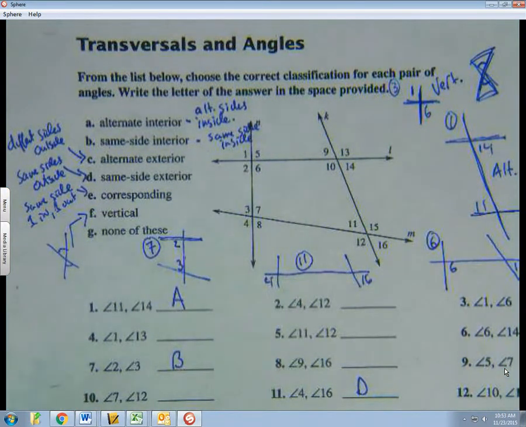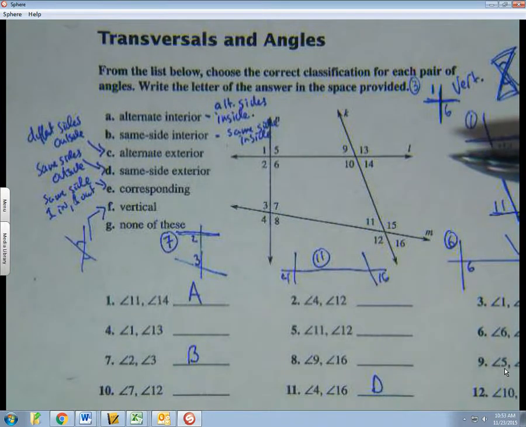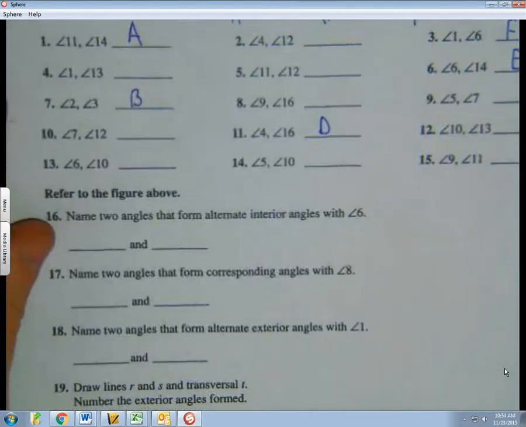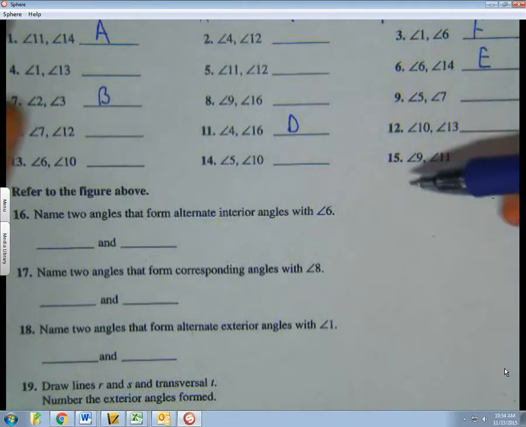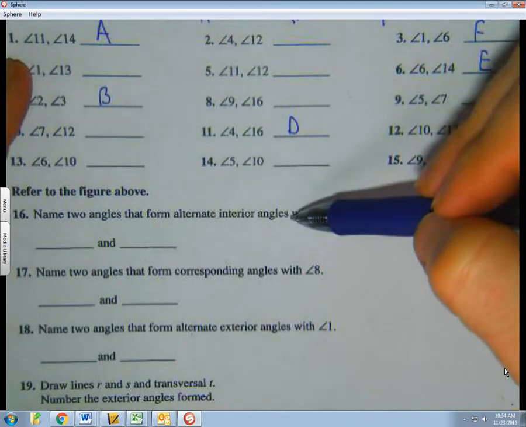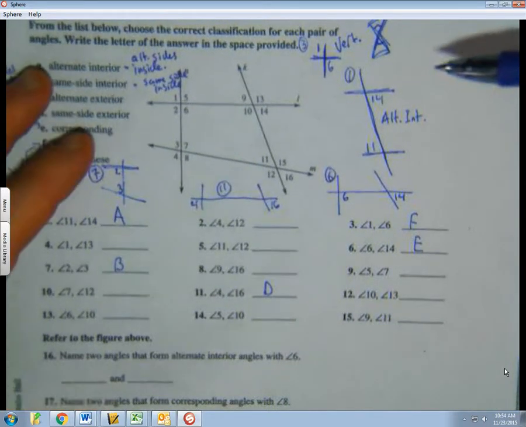So let's do a couple more down, and again, really want you to get in the habit of sketching this stuff out. Especially with this, there'd be markings all over this, and I definitely think the pictures help. I know they help me. So you're stuck in this class, so you're gonna learn today. Name two angles that form alternate interior angles with angle 6. So we're still looking at that figure up top. So here's 6.